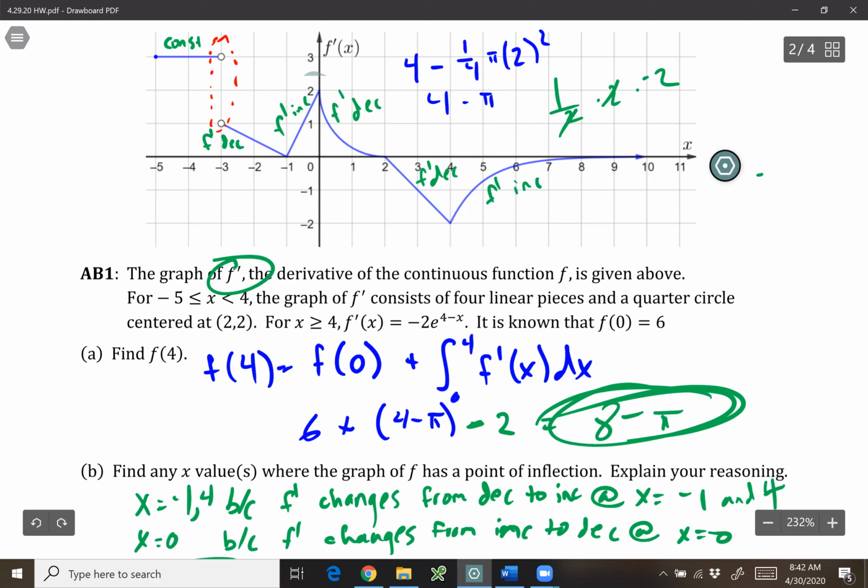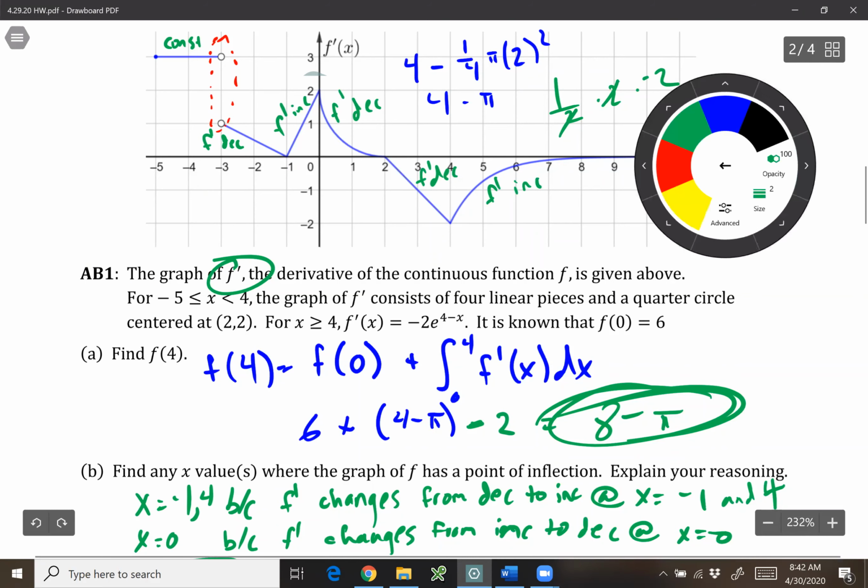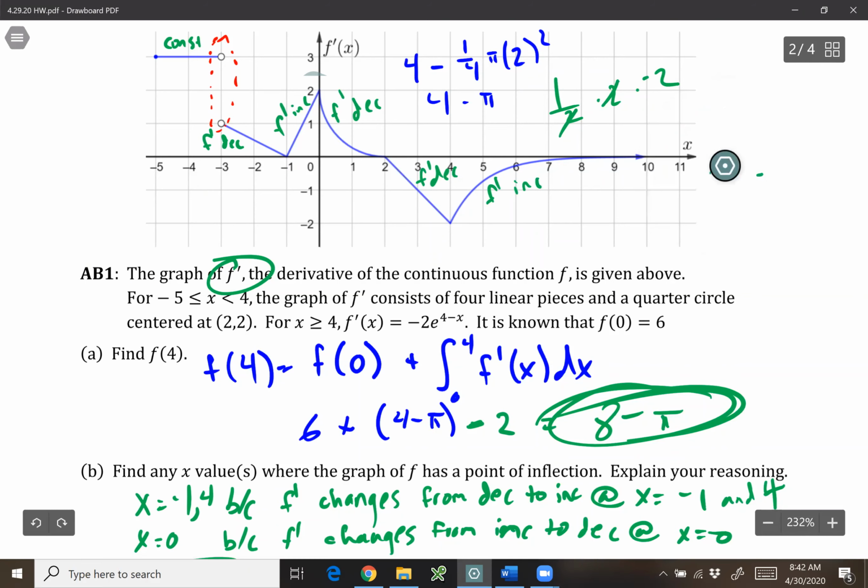I want to emphasize the prime part there. Because what is f doing? Here f is above the axis, so f is increasing because it's above the axis. Even though we're going down, f is increasing because we're above the axis.